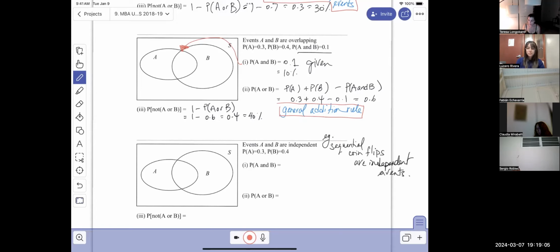On a coin flip, the possible outcomes are heads or tails. If I know that on one flip I got a head, what's the chance of a head on the next flip?